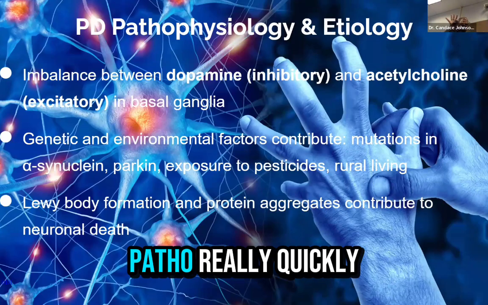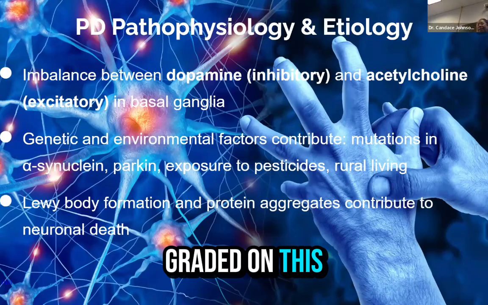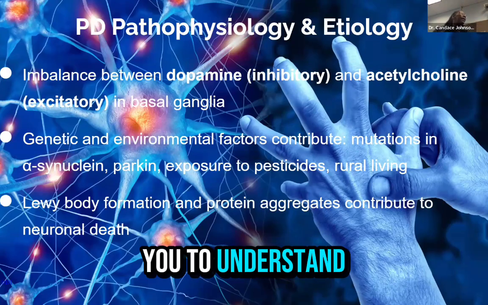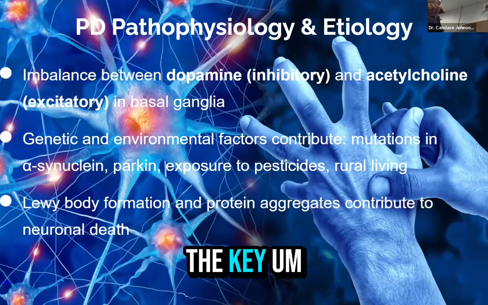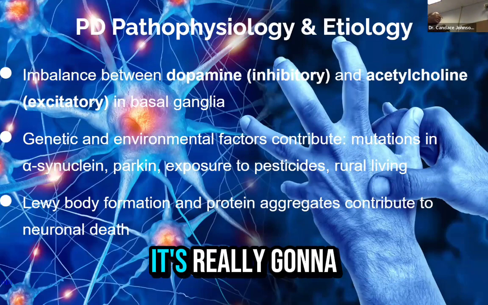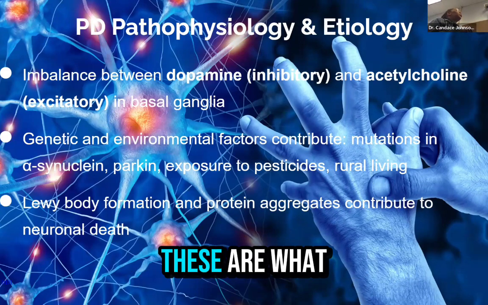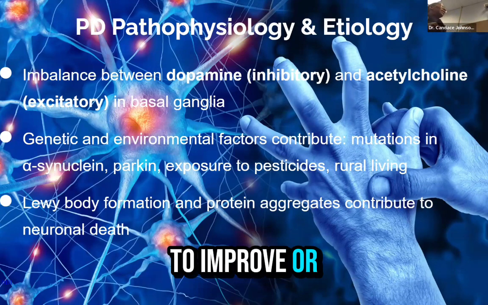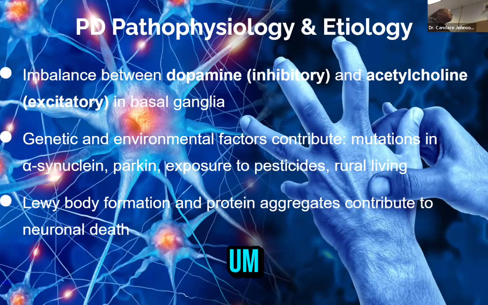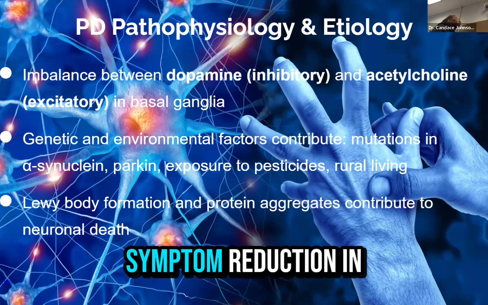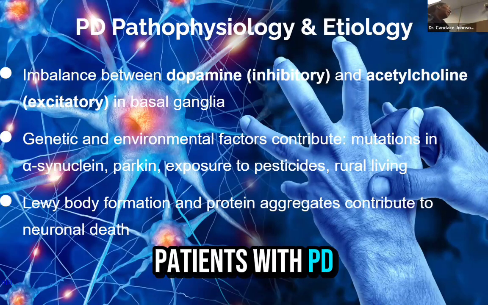We're just talking patho really quickly. You won't be graded on this aspect. I just want you to understand the key neurotransmitters here and what they're doing, because when we go into the pharmacokinetics, it's really going to come down to these receptors being impacted. These are what we're working on to make changes or cause symptom reduction in patients with PD.